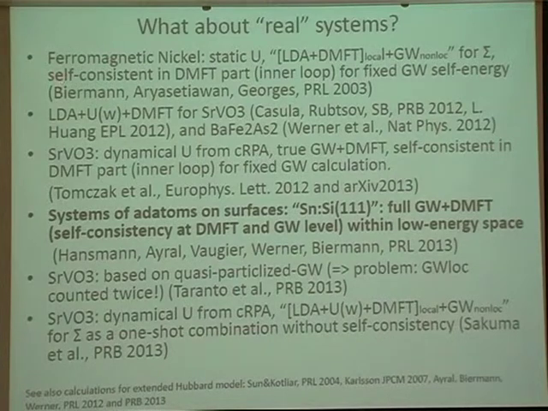So when we started, actually in the initial paper proposing the method, we did something really bold and, well, simple. We just did LDA plus DMFT for the local part and combined it with the non-local part from GW. That, from the perspective nowadays, you would barely call GW plus DMFT any more.